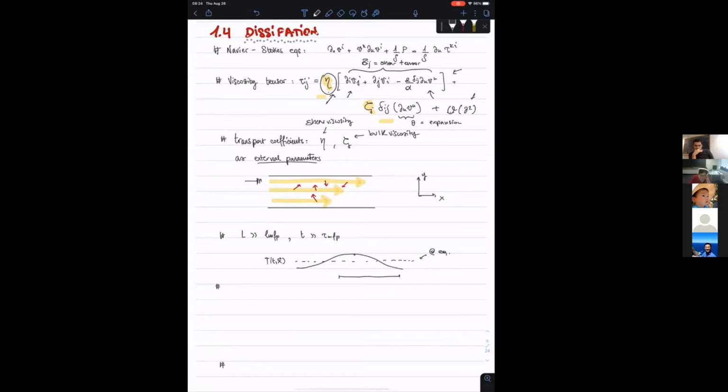So locally, the temperature does depend on position in space, but the gradients, so how the temperature is changing, or I could write here also the velocity field, same thing, how the velocity and the temperature are changing, is very small. So the gradients are small.